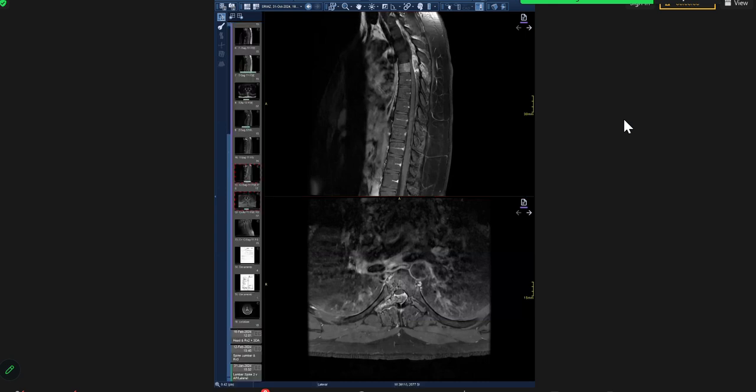From the management point of view, I would urgently contact the referring physician because it is causing marked compression of the spinal cord anteriorly with hyperintensity to STIR signal, and it should be urgently operated on with decompression to relieve the spinal cord.